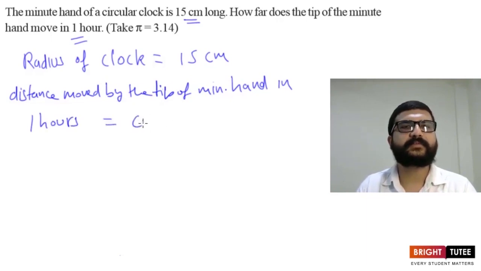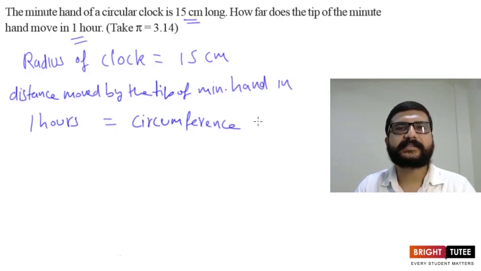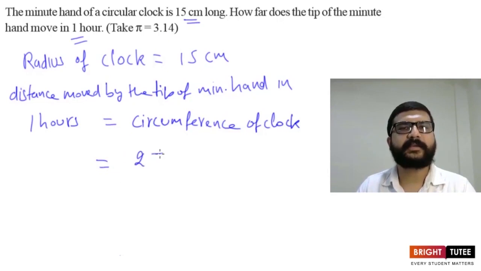This should be equal to the circumference of the clock, because in 1 hour the minute hand completes the circle. And how do we find the circumference of a clock? Here the clock is circular in shape, so it will be 2 pi r. So therefore it is 2 into 3.14 into r, and r is 15.